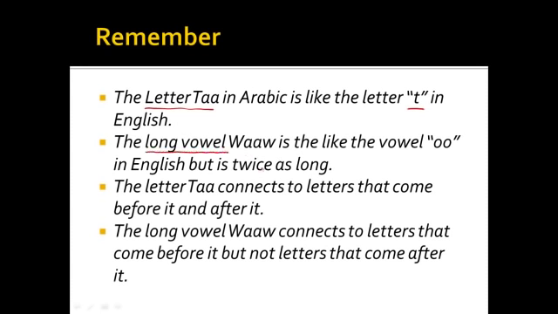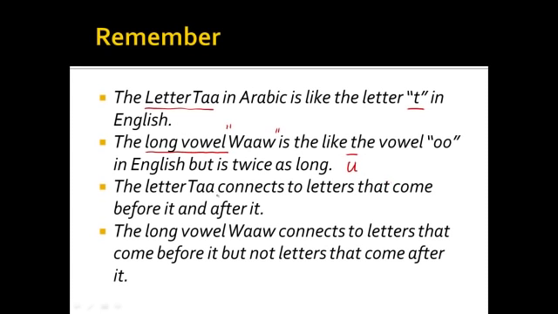Just like we have the long vowel alif, we have the long vowel wow, which is like the vowel oo. But here, remember, it's different because it's twice as long. It's longer than the oo. It's ooh, ooh. Okay? And we'll write it like this, a U with a line over it to indicate the ooh sound when we transliterate.